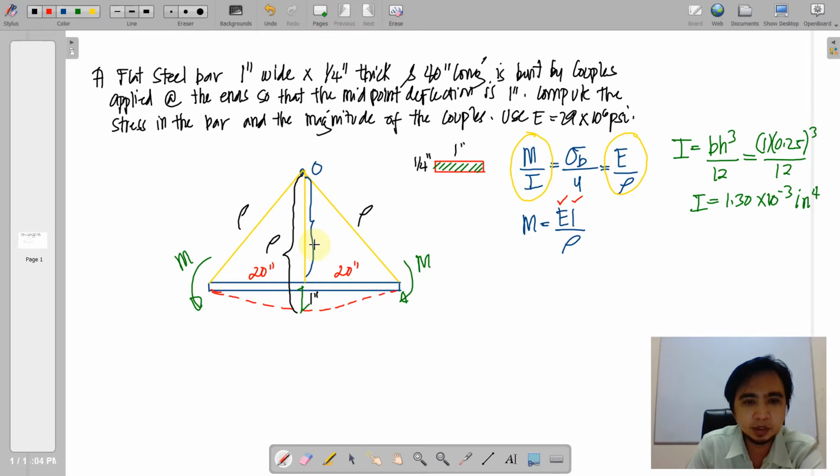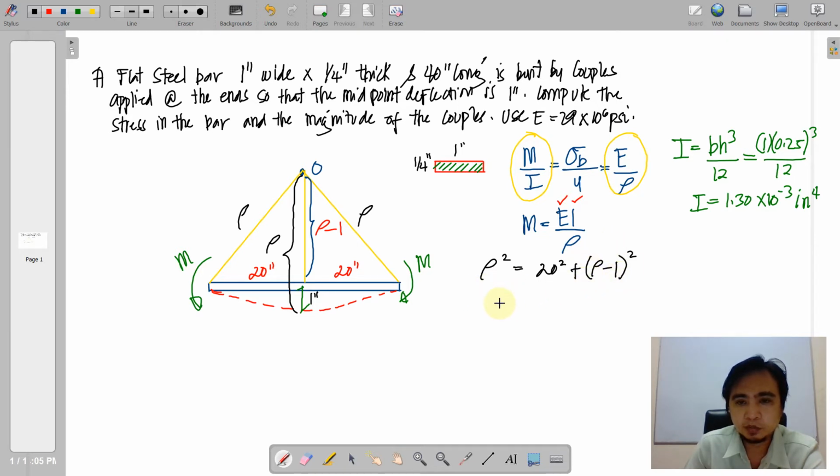That is actually the difference between rho and 1 inch. Then we could now write the Pythagorean theorem. We have rho as our hypotenuse, and its square is equal to the sum of the squares of its legs. So we have that as our expression.